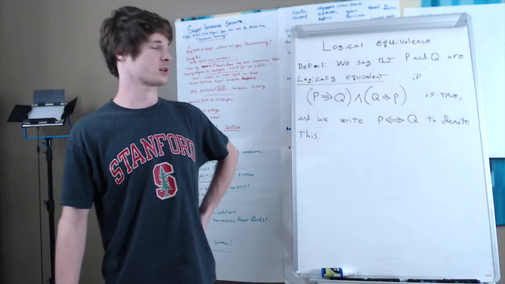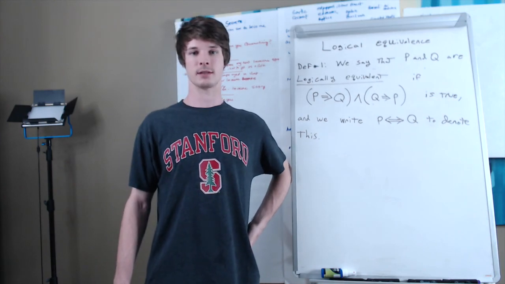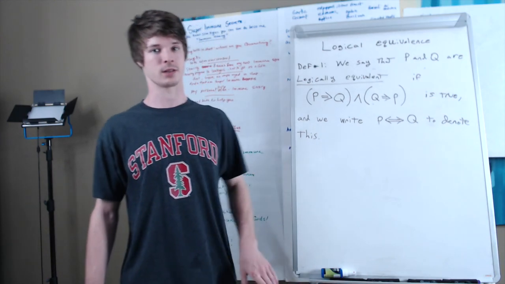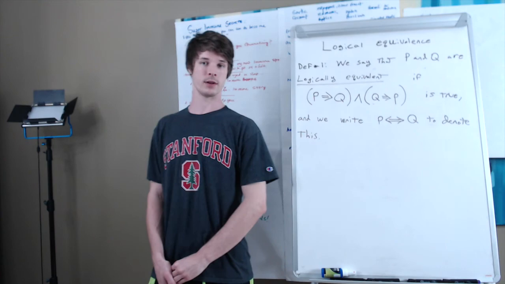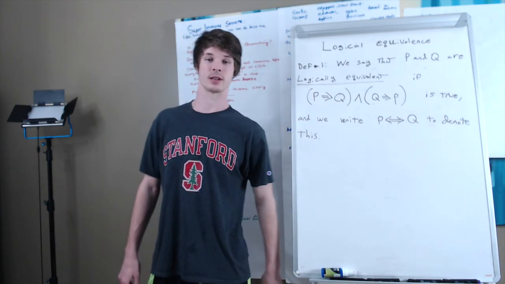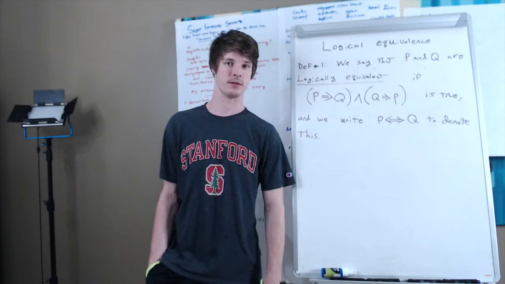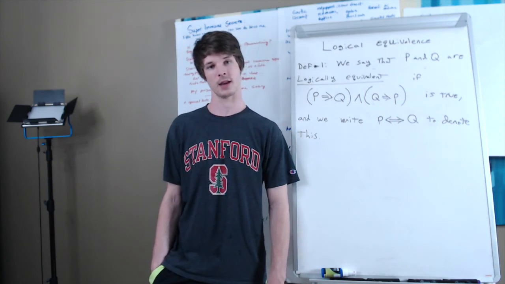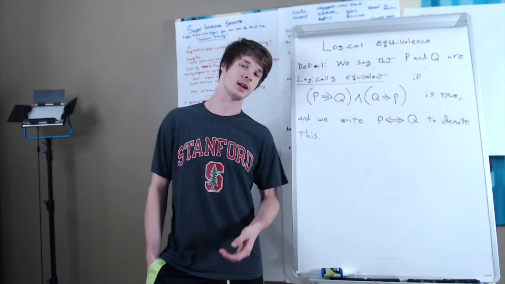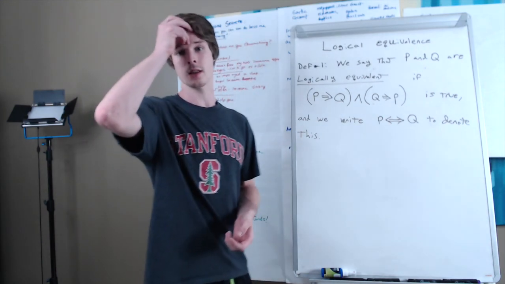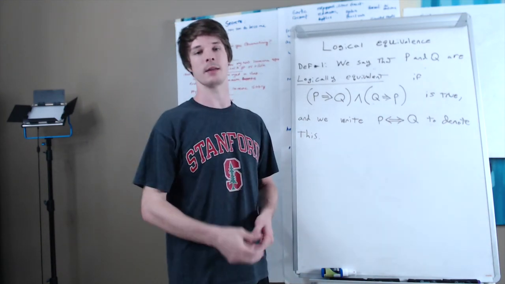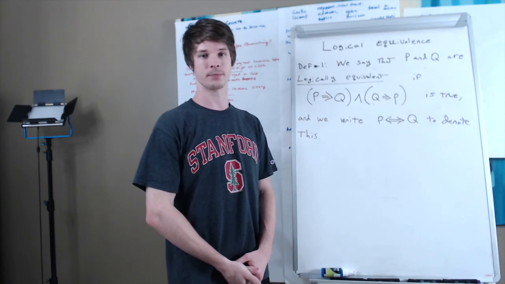Let's talk about what it actually means for two statements to be logically equivalent in terms of the language that I've already given you. I gave you the heuristic explanation that those two statements would have to be false and true at the same time. But that can actually be said incredibly precisely using the and and if-then statements that we defined last time.